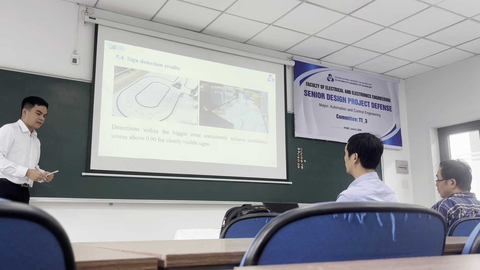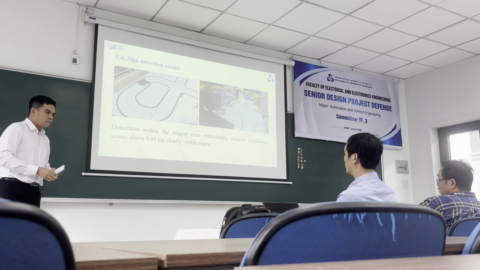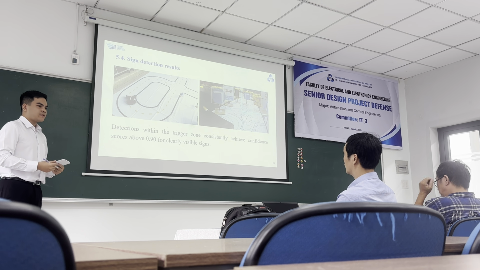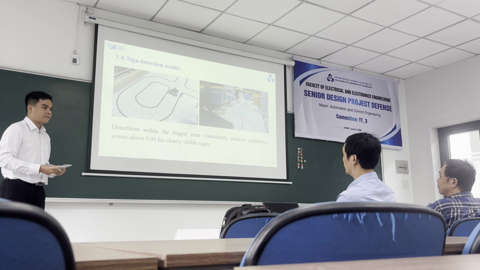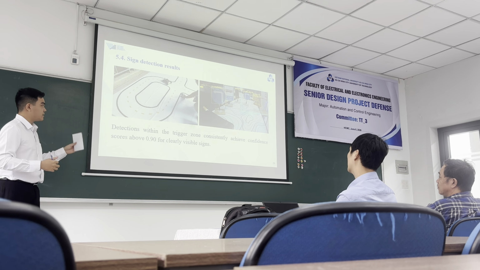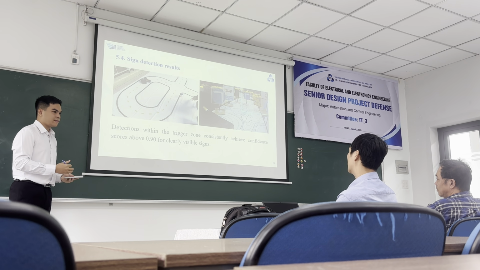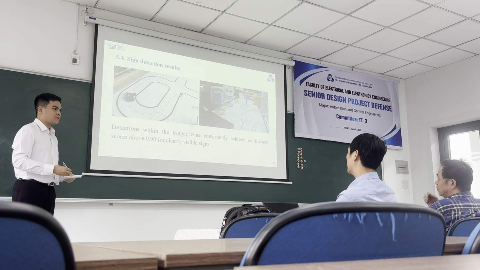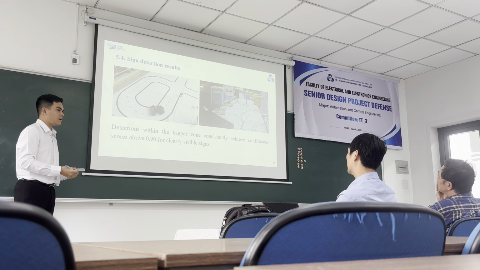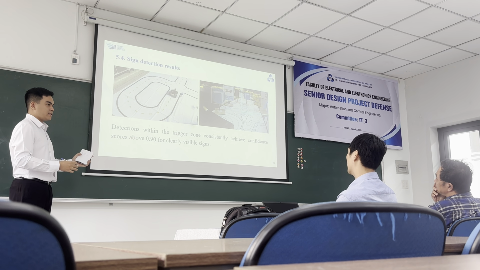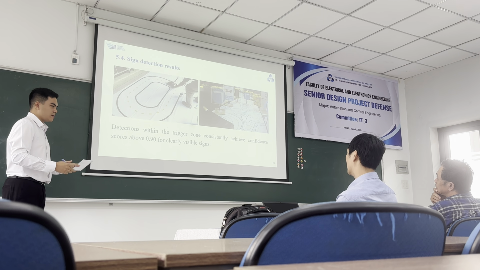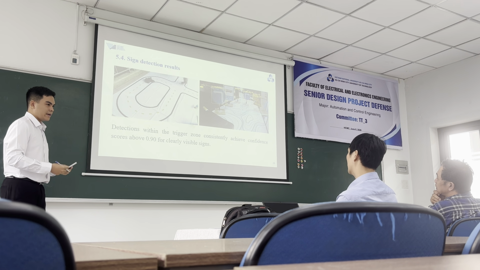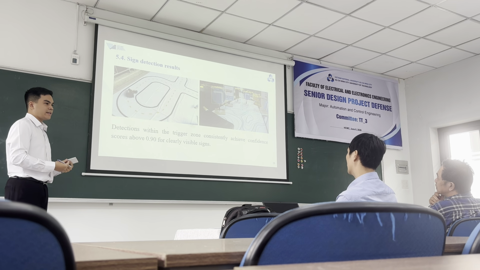To counter this problem, for the speed of recognizing the signs, as I mentioned earlier, I run detection every 8 frames because, according to the speed, you can see it's really slow, to save the GPU's resources in the car. If I increase the speed of the car, I might run the sign detection model more often to counter the speed increase.